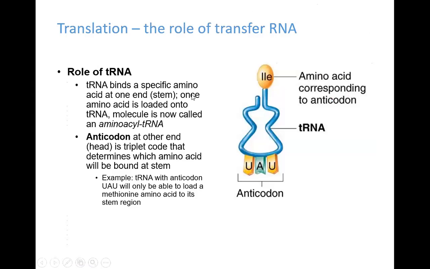Okay. So we've got messenger RNA, which is the clusters of the codons, which has the order of the bases corresponding to the order of the amino acids. Now we have to have a way to get the amino acid to the ribosome.